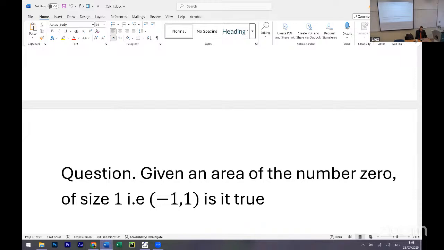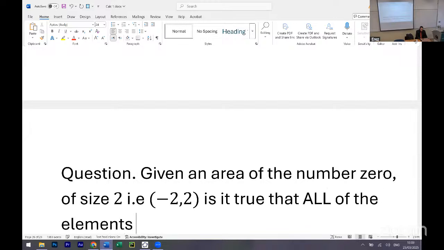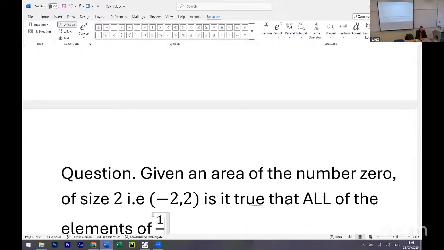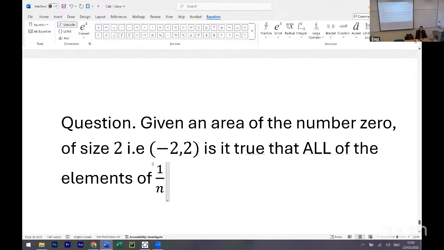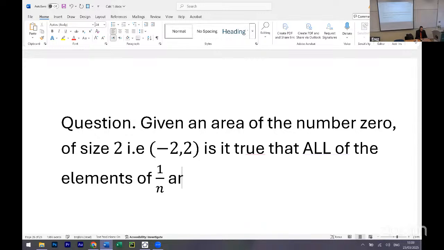Is it true? And I'll change it up. Size 2, just for the first element. Is it true that all of the elements of the sequence 1/n are included in that area?